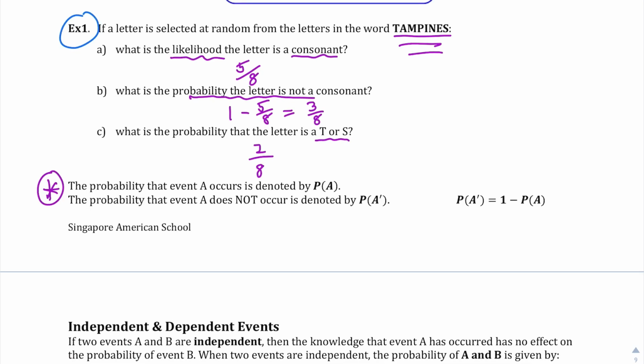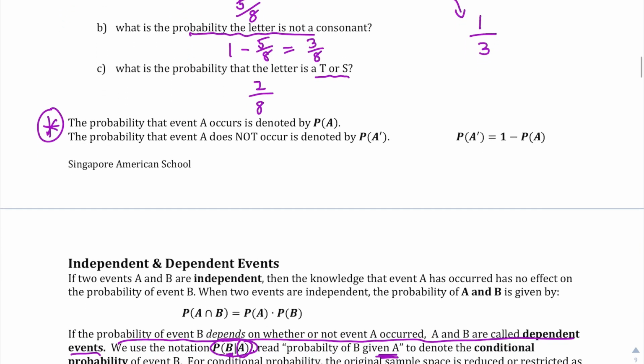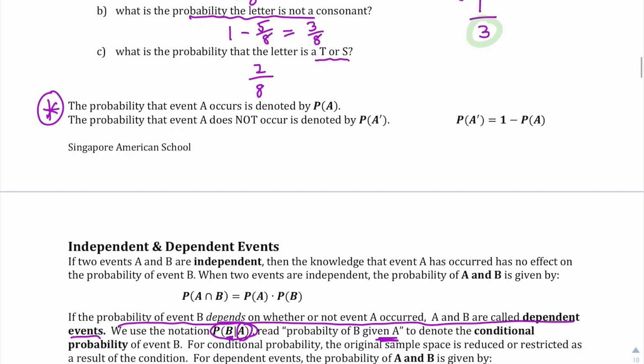As a quick for instance, if I said what is the probability of selecting I given that we selected a vowel, then the given event means that I've limited my sample space from 8 to 3 because I told you it was given that it was a vowel, and then how many of the options were a desired outcome over the total number. And the key here to understand is that the total number is altered because there is an event that's given. So sample space is altered or typically reduced.